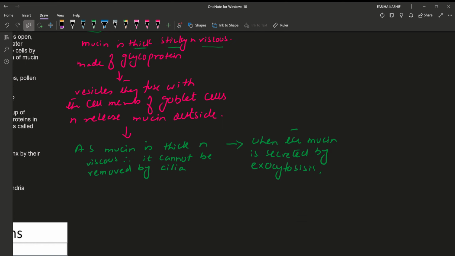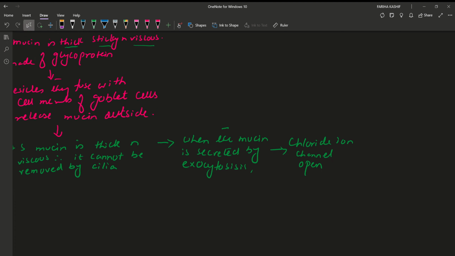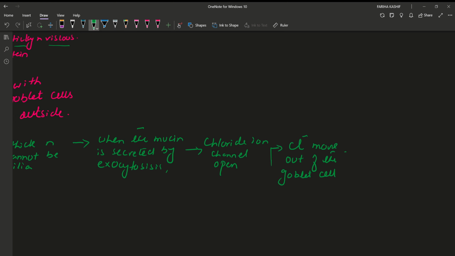Chloride ion channels open. Now when the chloride ion channels open, then what happens? Chloride ions move out of the goblet cells.